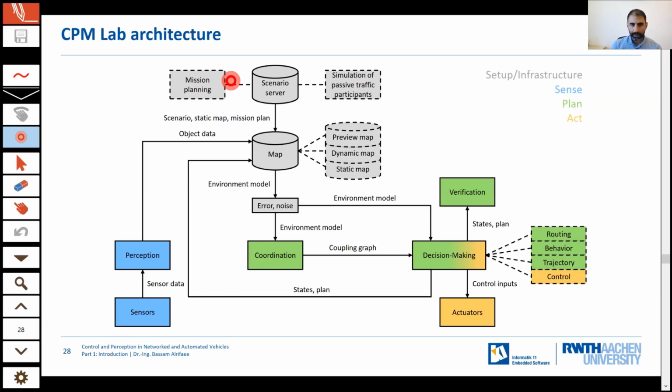What we add to the scenario server is simulation of passive traffic participants, for example pedestrians, which we don't have in the lab. Of course, we could also use some vehicles to simulate pedestrians, but in general, we simulate what we don't have in the lab. We simulate them as passive traffic participants. And also, of course, we can add more simulated vehicles to the lab than the 20 physical ones.